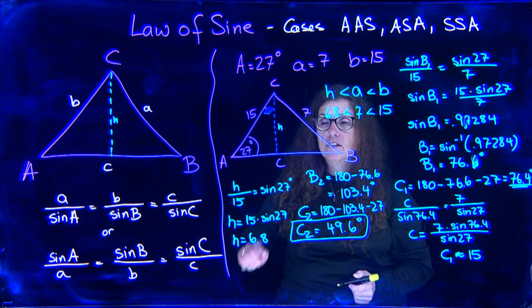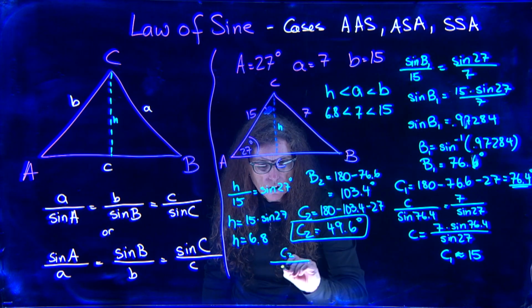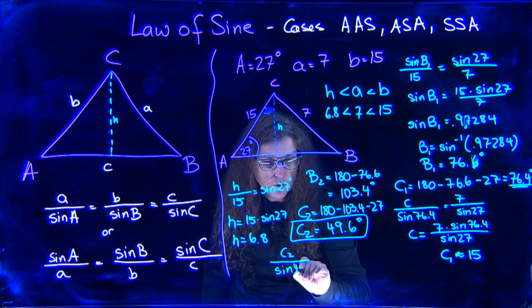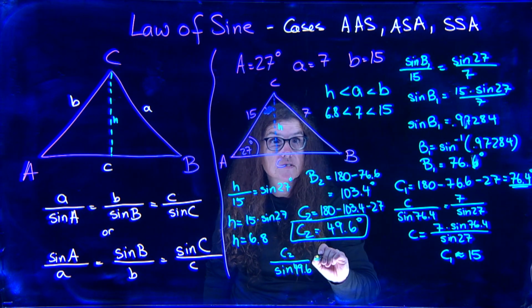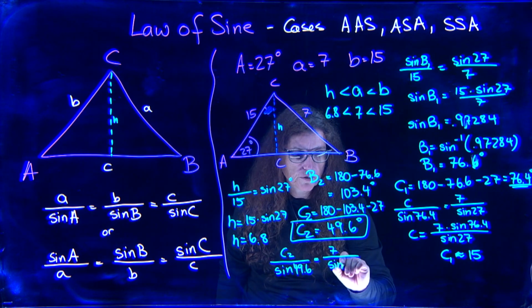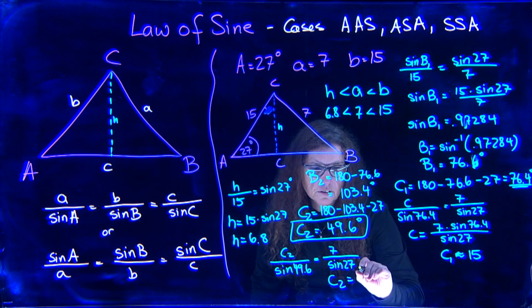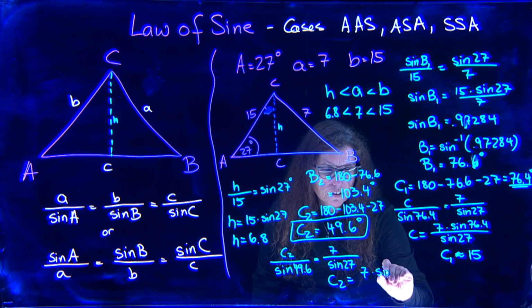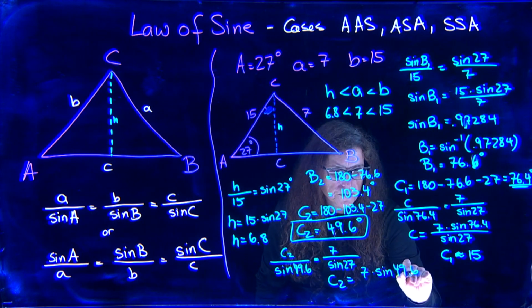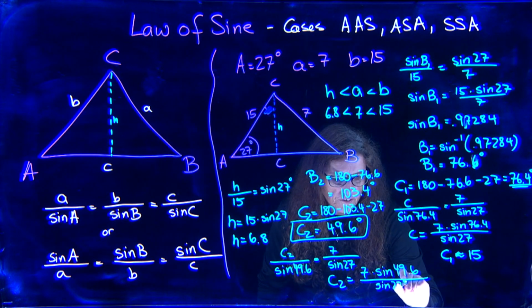And to find side C2, C2 over sine of 49.6 equals 7 over sine of 27. C2 equals 7 times sine of 49.6 divided by the sine of 27 degrees.